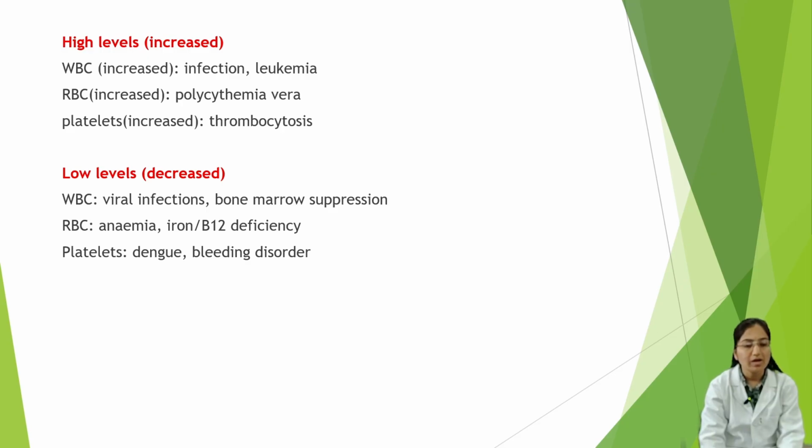And when the CBC count decreases, if WBC decreases, viral infection or bone marrow suppression; RBC decreases, anemia, iron or B12 deficiency; and platelet count decreases in dengue or bleeding disorders.